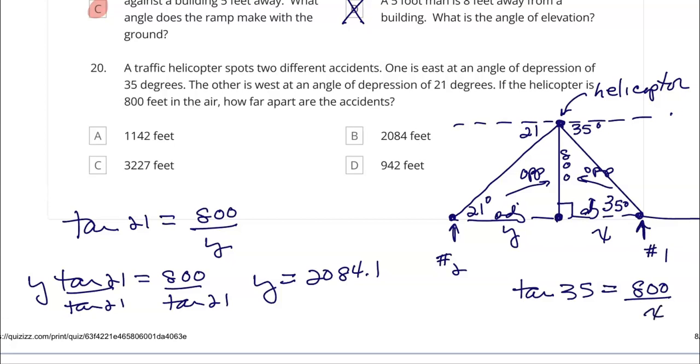I'm not going to write it out, but you should be able to do this also, and you should be getting x is 1142.5. Add these two numbers together. We're going to add this number and this number to get how far apart the accidents are, and you should be getting 3227.